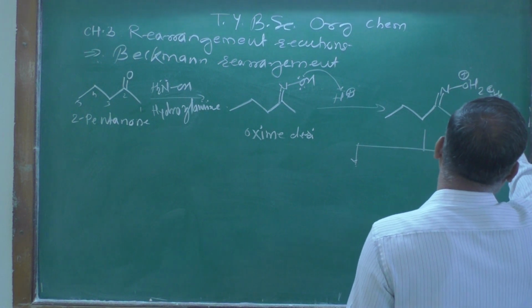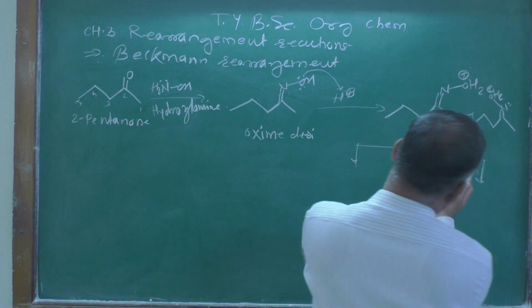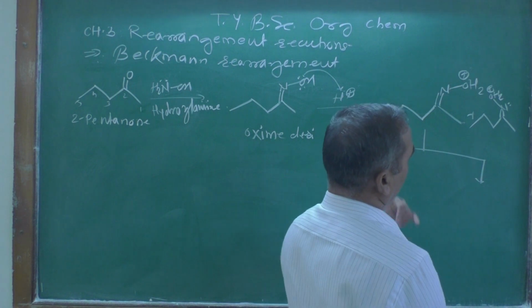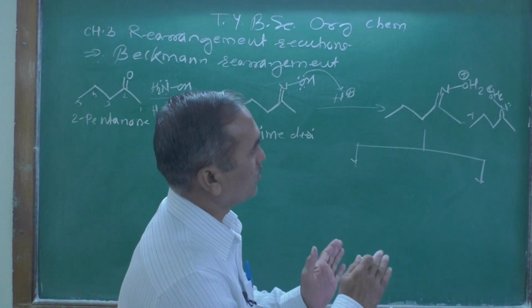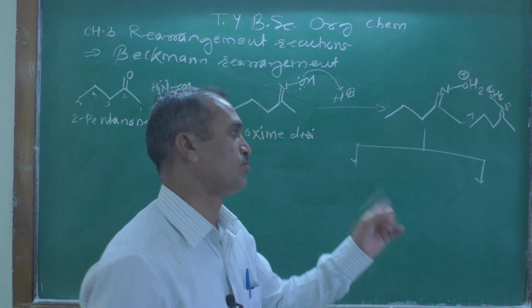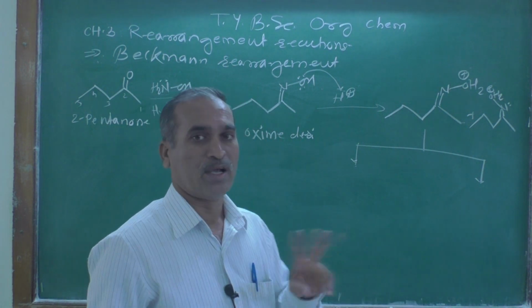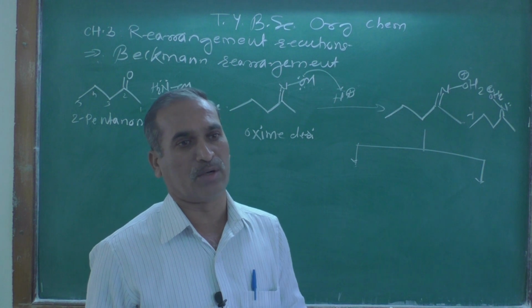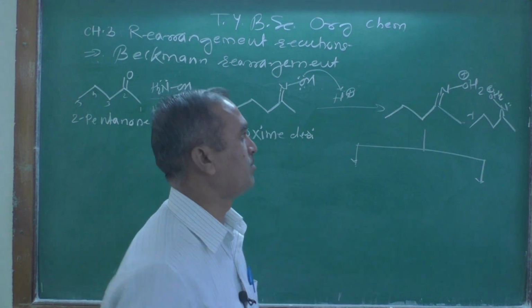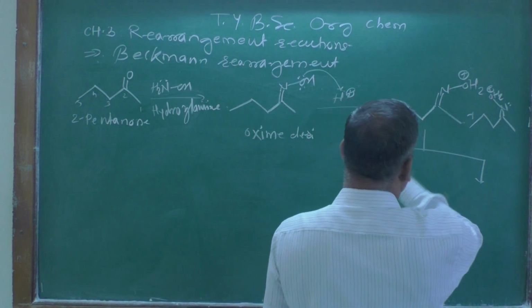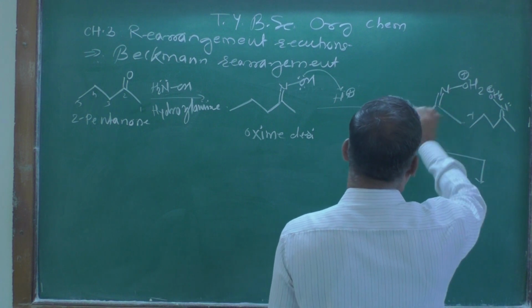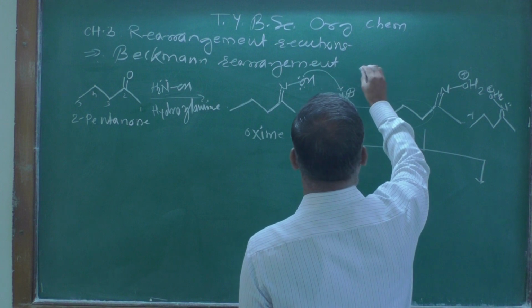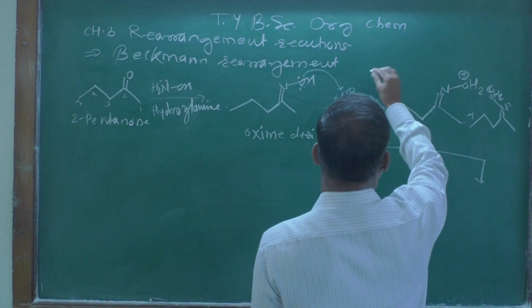Or I can write the OH2 on the other side. That means two possibilities are there, because our starting compound, that ketone, is asymmetrical in nature, and as we know, the group anti to OH migrates.